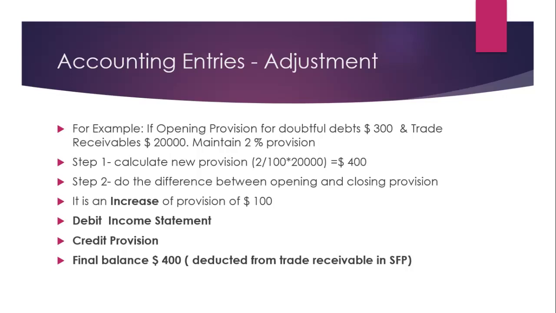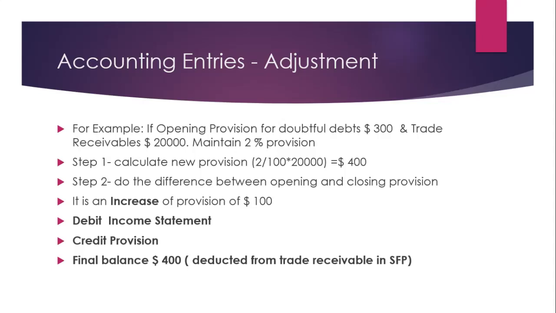We calculate the new provision: 2% times 20,000 gives you $400, and then you find the difference. 300 opening and 400 closing, so there is a difference of 100, which is an increase in the provision of $100. An increase in provision means an increase in the loss, so we charge the income statement as an expense.